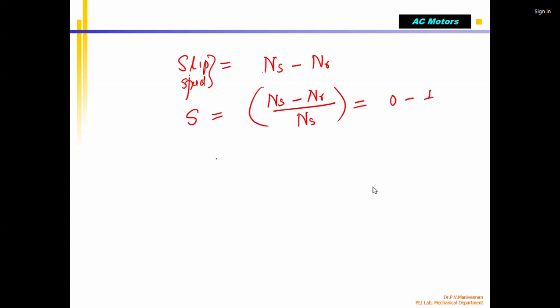In that case, ns minus nr divided by ns, multiplied by 100, is the slip in percentage. The slip decides the shaft speed.